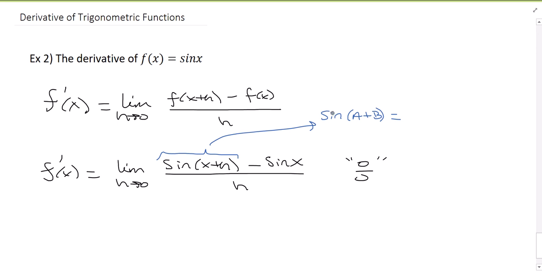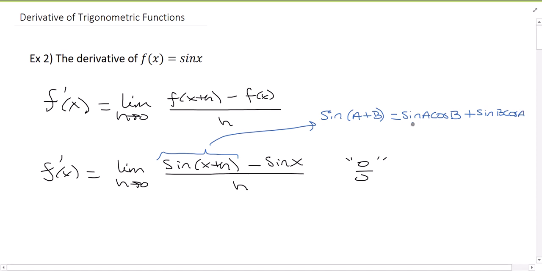The sum formula for sine is that you have sine a cosine b, and it's addition, so it stays plus, and then you change the angles. So it'll be sine b cosine a. The subtraction one is the same, the difference. So if you had a minus b, it will be sine a cosine b minus sine b cosine a. But in this case, we just need the addition formula.